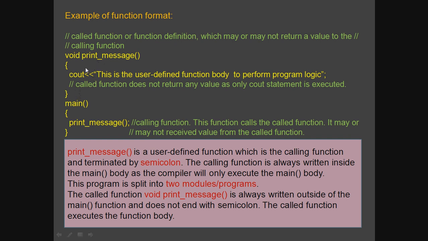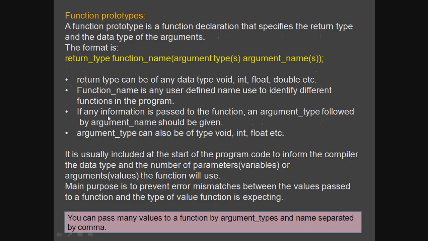Clear? So if the return type is int here, that means something is written inside this function body which will be returned back to the main function. Clear? And then the calling function will evaluate that, and you will get the output in the main function. Clear? So now let's look at what a function prototype is.